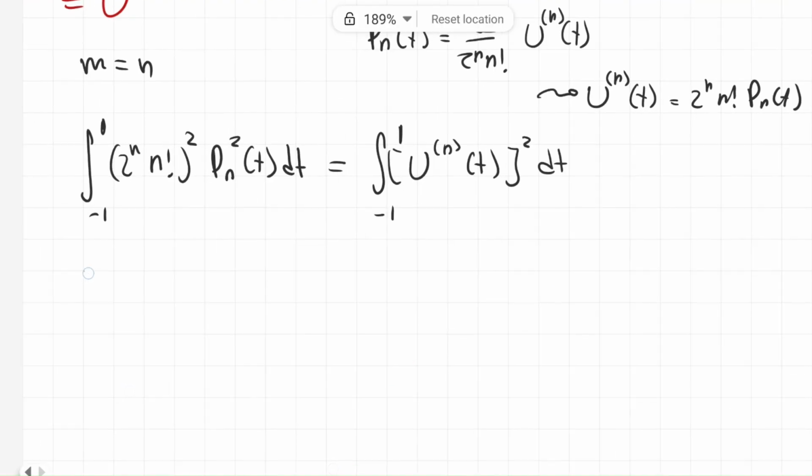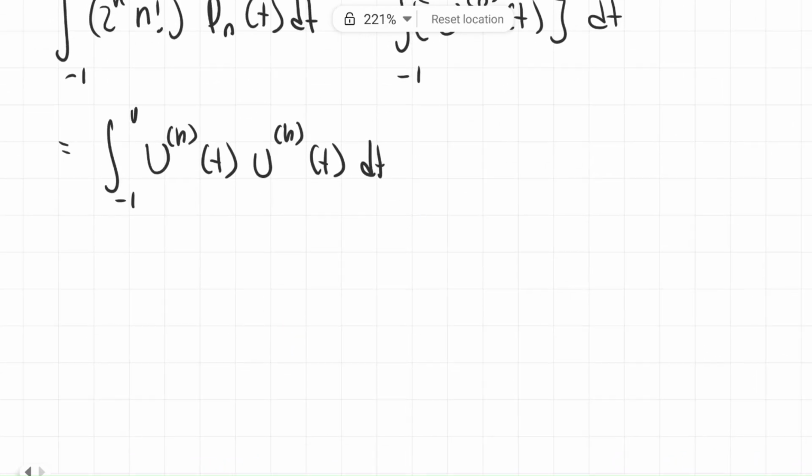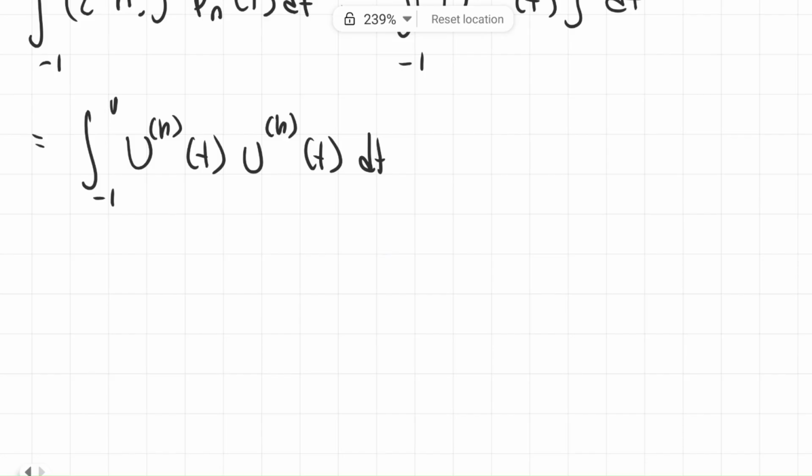Perfect. So this will be equal to the integral from minus 1 to 1 of u to the n of t, u to the n of t dt. And again, we are going to use integration by parts.